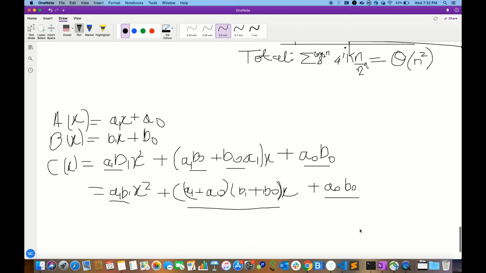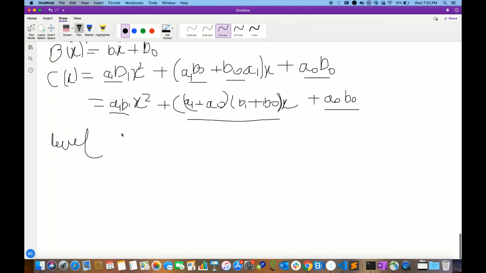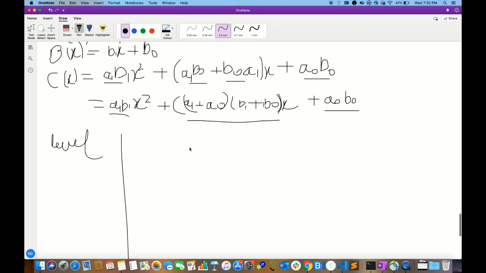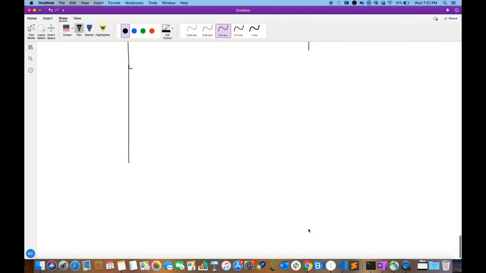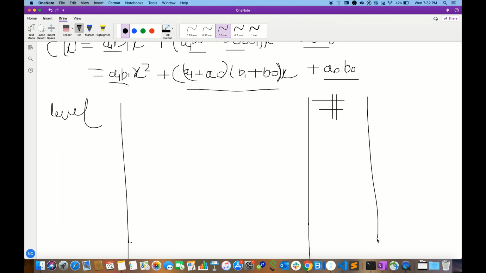So let's determine its time complexity in order to prove whether it is a better approach as compared to the previous naive divide and conquer algorithm. So let's make a table with level, number of nodes as well as work.